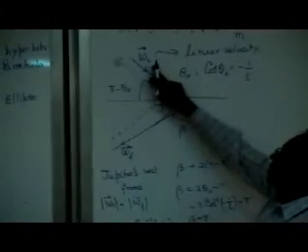Now, this is the velocity of the spacecraft in the rest frame of the planet. How do I get that? I draw, and let me make this a little bigger, I draw minus v, the velocity of the planet. And this will be my omega.